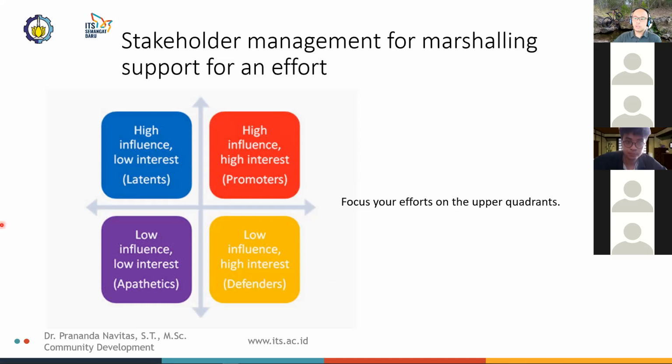Defenders, low interest. Low influence, high interest people. Now, since these people and organizations can't help you much, you can simply keep them informed and not worry too much about involving them any further. In health and community building, however, they can often provide the volunteer time and skills that an effort, particularly an advocacy initiative, needs to survive.